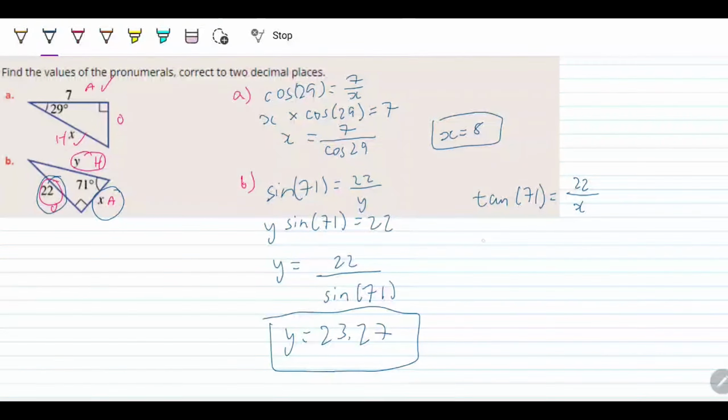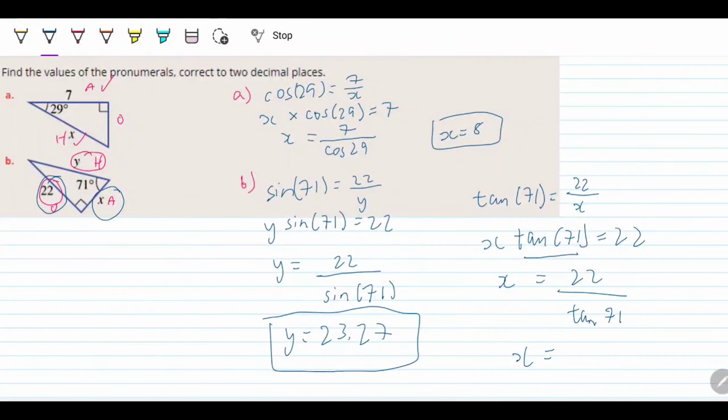Once again, move the x to the other side. x times tan 71 equals 22. Divide the tan 71 to the other side. x equals 22 over tan 71. Put that straight into your calculator and you should get an answer of 7.58, correct to 2 decimal places.